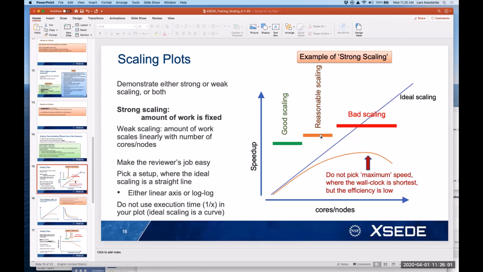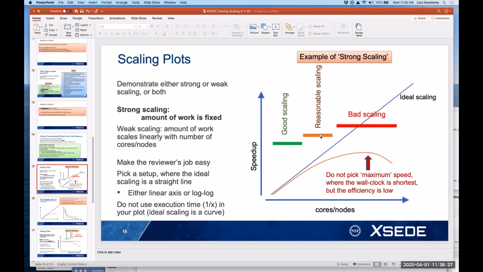So the other point from this scaling plot is that you have to present your data in a way where the reviewer can easily judge what your scaling is. So here I'm presenting speed up and not execution time. Execution time would be 1 over x, and your ideal scaling is then a curve. I have that on the next slide.